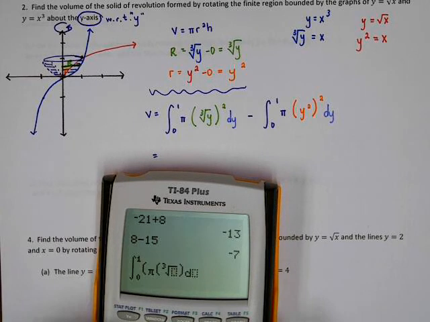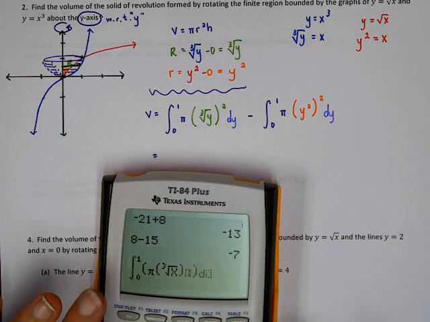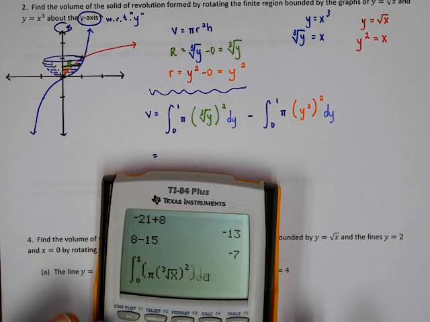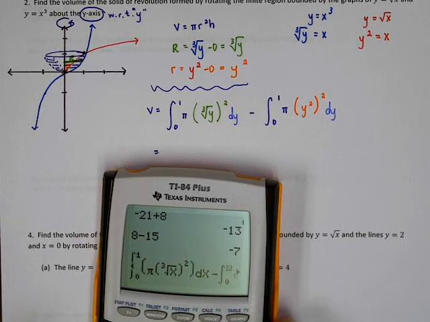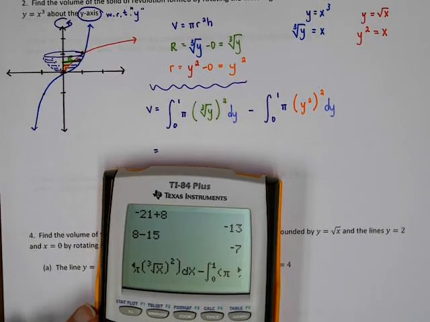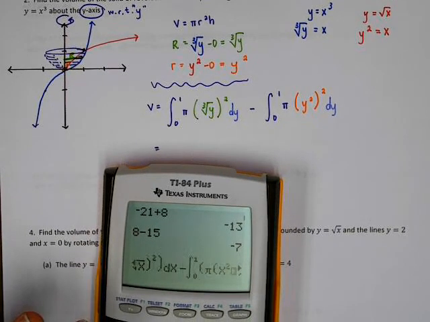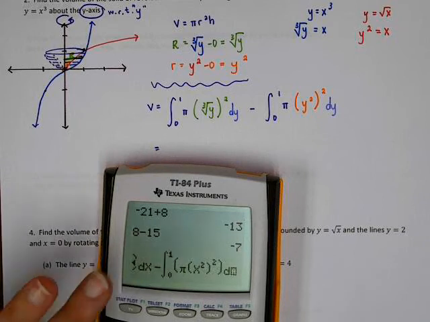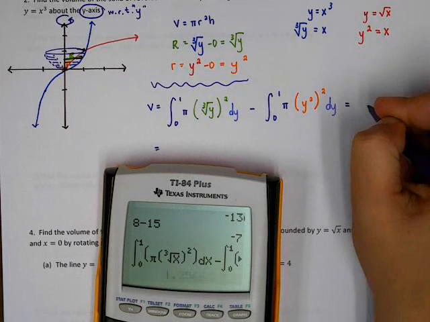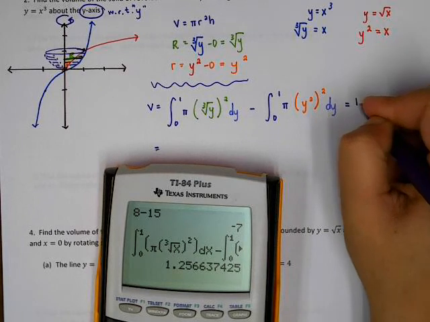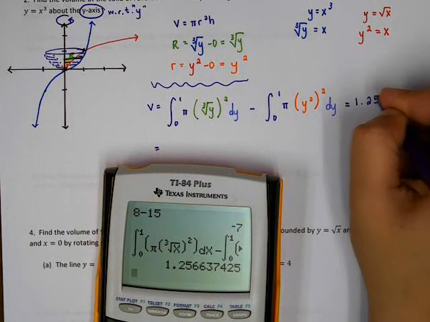The cube root squared, minus math option 9 from 0 to 1 of pi times your x squared squared dx. And my final answer here would be 1.257.